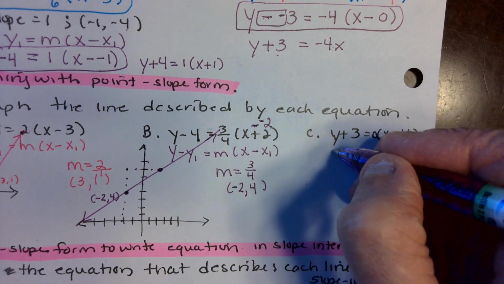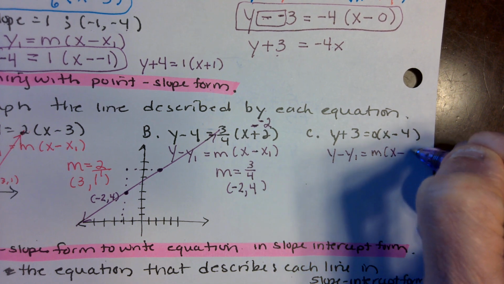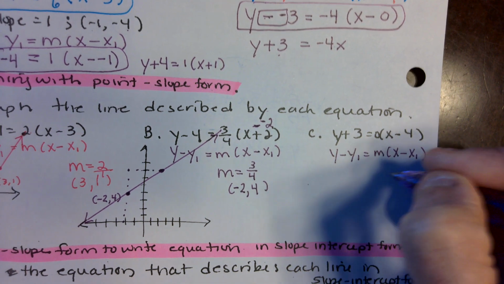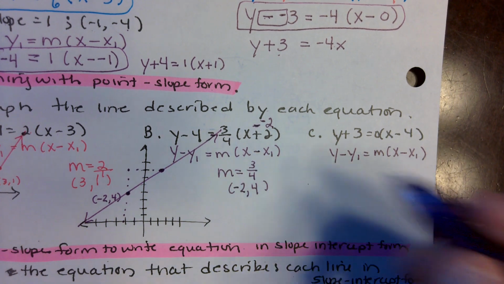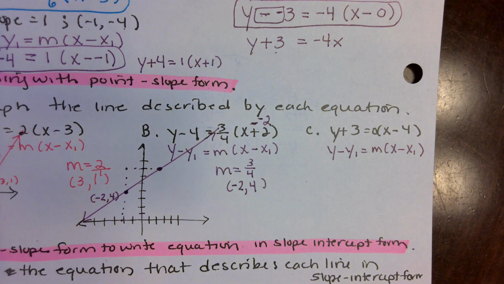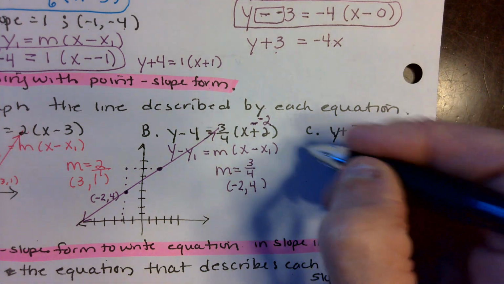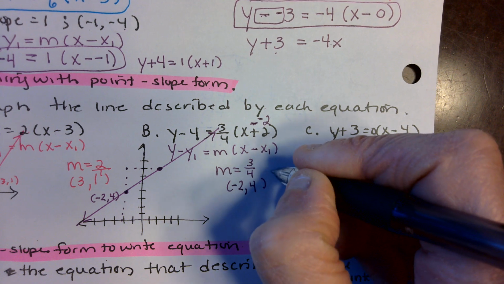Okay, one more. I need you to, let me get the graph here. The graph is going to be on the lower part. So we're going to set the graph up like this this time.